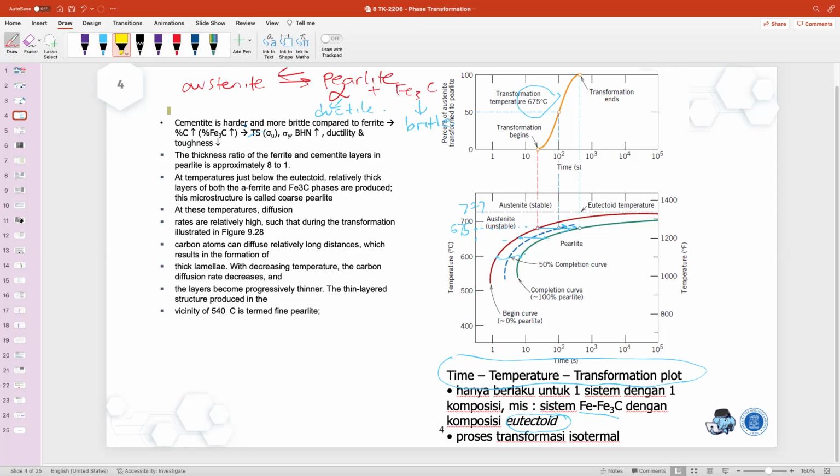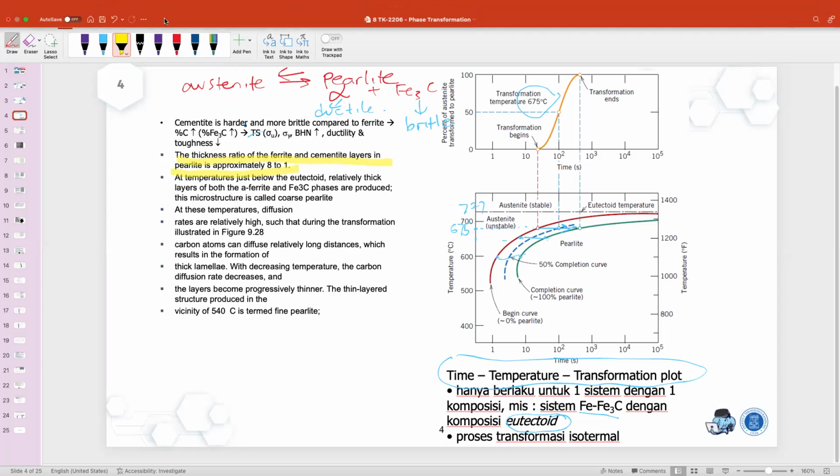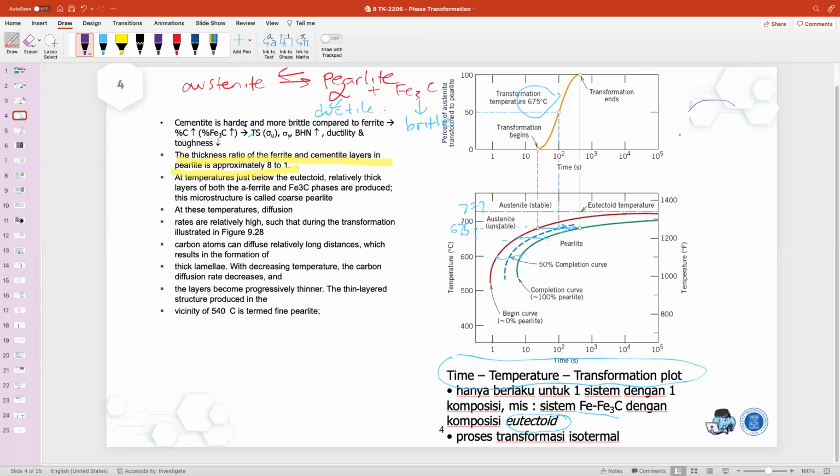So the thickness ratio of ferrite and cementite layers is approximately 8 to 1. Remember the eutectoid curve, it looks like that. So you have the layers.